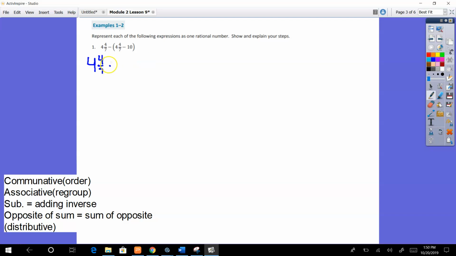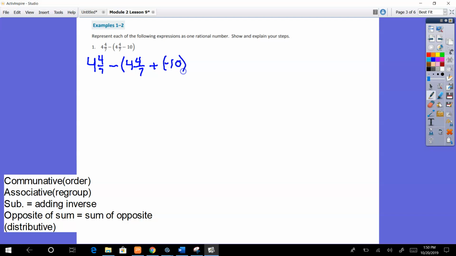Sorry, first we're going to change that to addition. The first thing we're going to do is, subtracting is the same as adding the inverse.